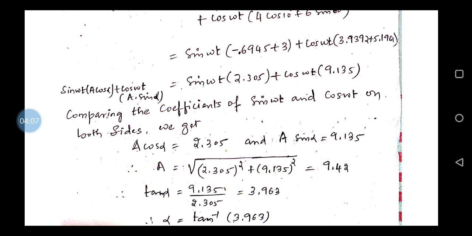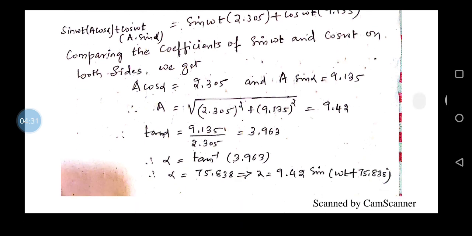In the LHS, the coefficient of sin omega t is A cos alpha, which is equal to the coefficient of sin omega t on RHS, 2.305, and the coefficient of cos omega t on LHS is A sin alpha, and the coefficient of cos omega t on RHS is 9.135.